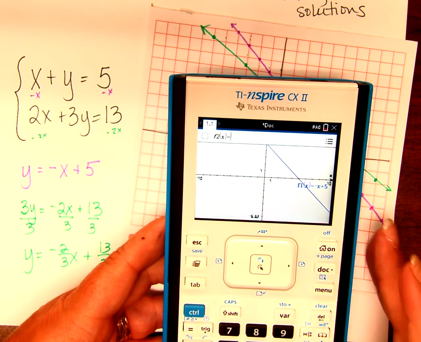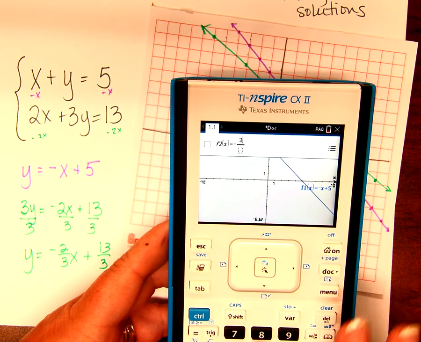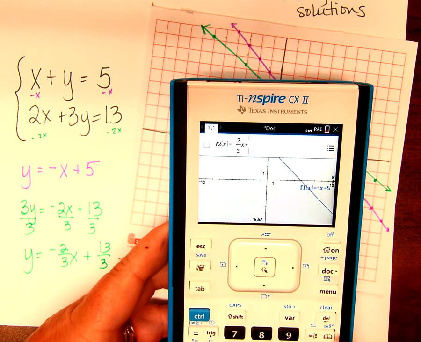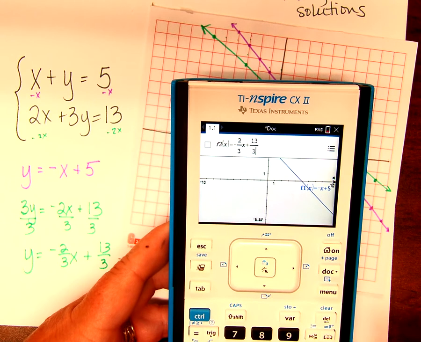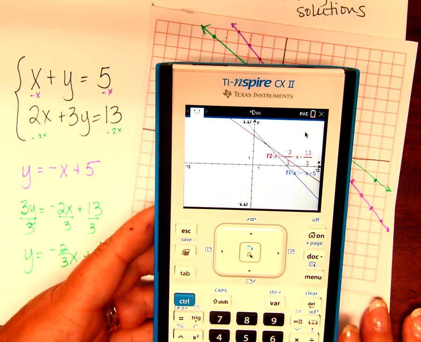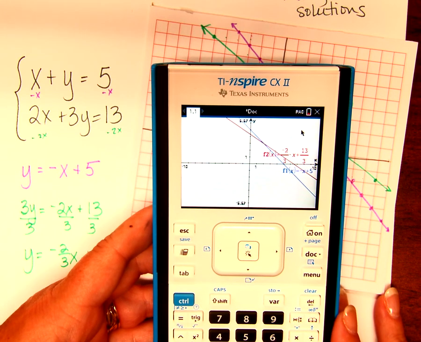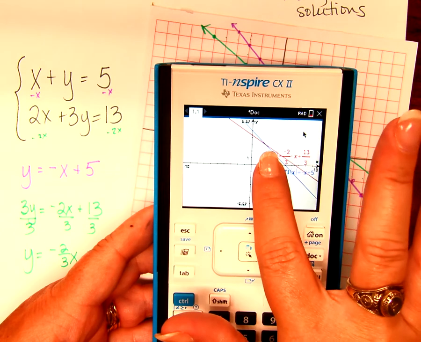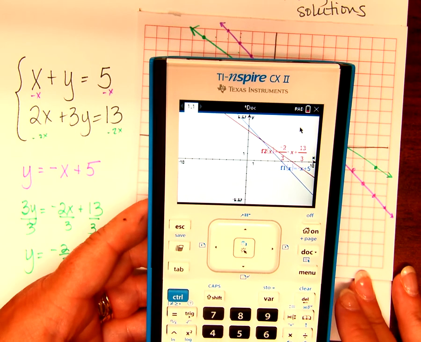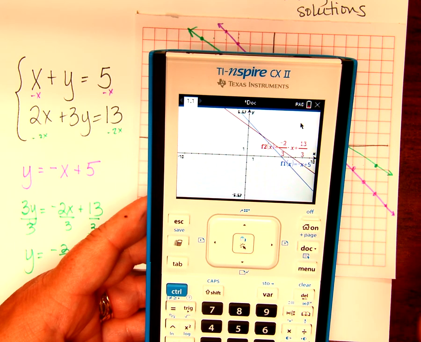Then tab to get another equation, and I want negative fraction 2/3 x plus fraction 13 over 3. Does yours look like mine? How can we tell for sure that that's 2, 3? Do you remember? Can I walk you through just in case you don't remember?